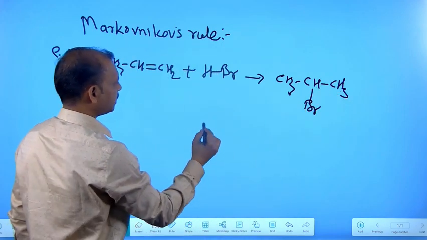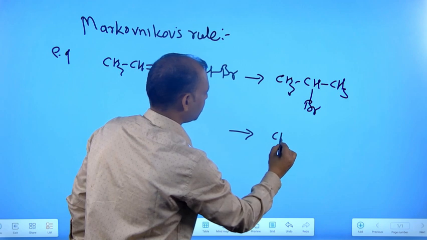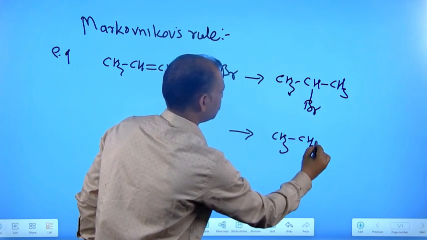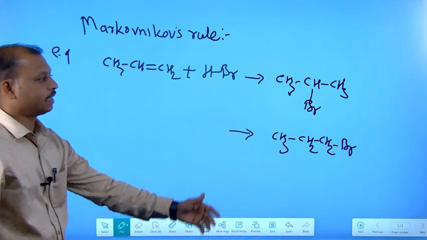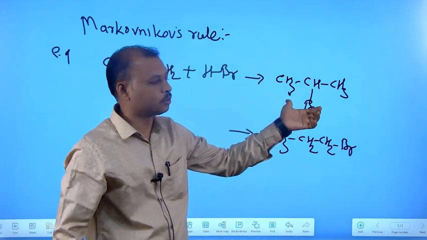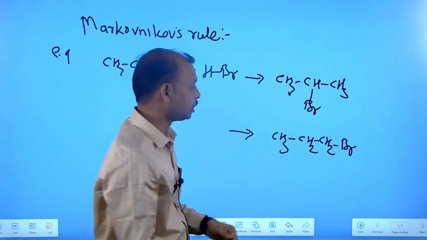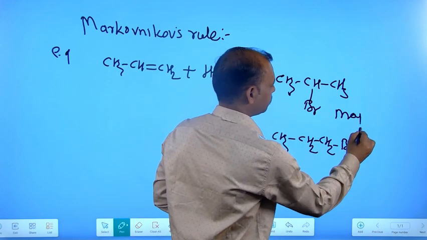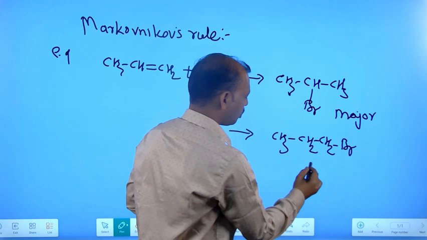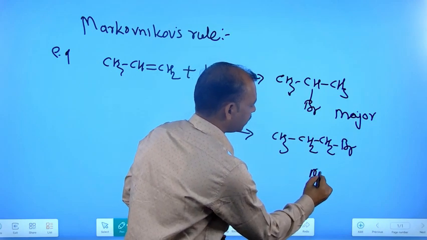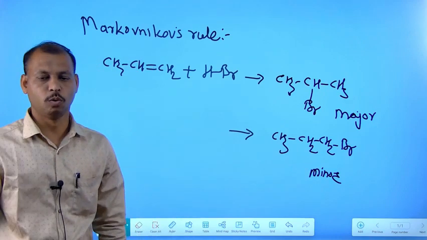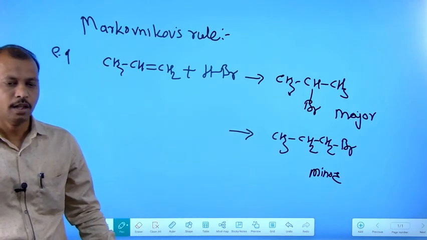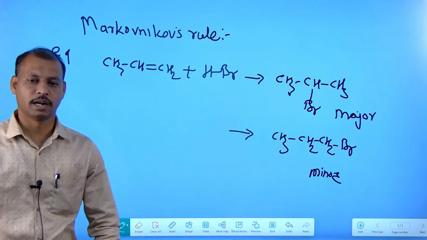The other possibility is that it forms another compound, CH3 CH2 CH2 Br. In that case we got 2-bromopropane as the major product, while 1-bromopropane is the minor product as per the Markovnikov rule for the addition reaction. So this is about the Markovnikov rule for addition reaction.